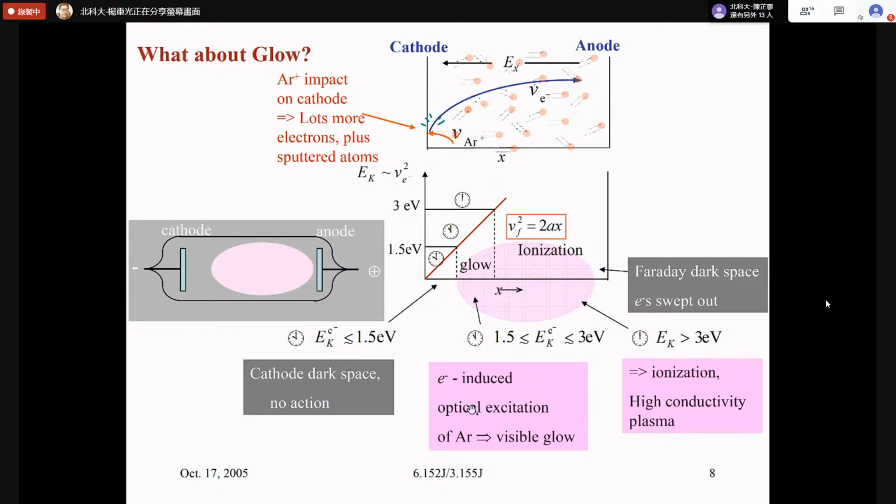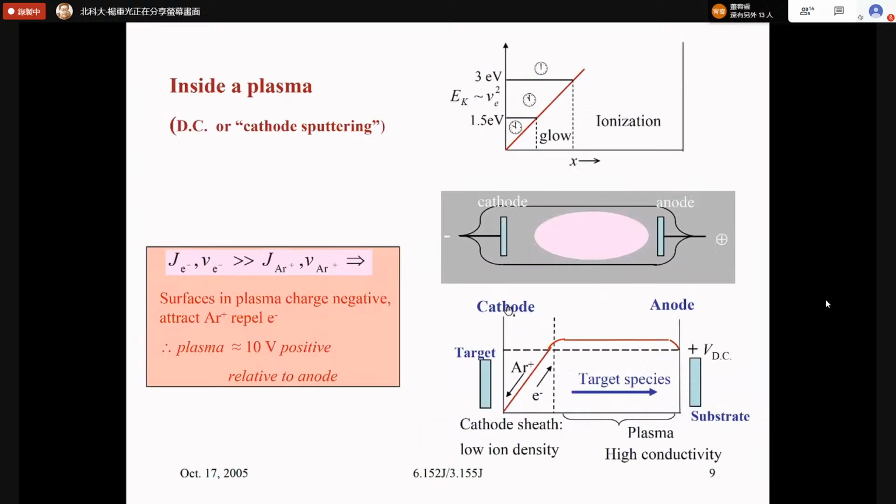And the electrons induce optical excitation of argon, so you can see a visible glow, reddish.